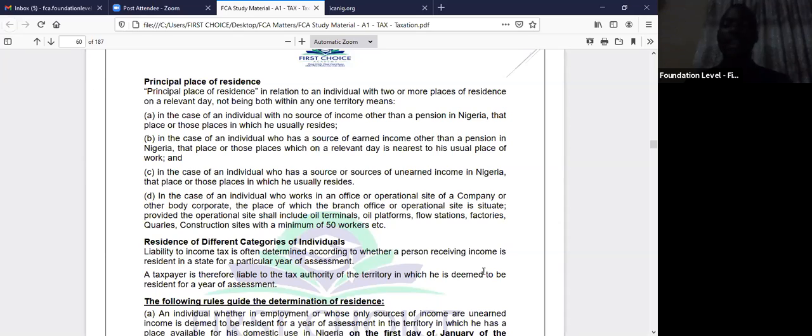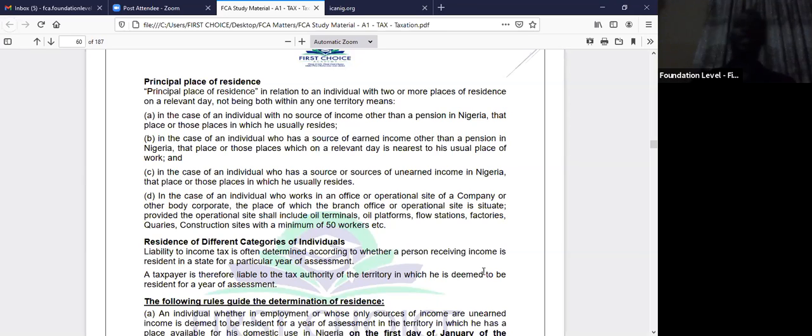And you start doing like, do you mean my Lagos address or my Abuja address or my Port Harcourt address? Which one do you need? Then the next question would be, what is your principal place of residence? So you see, if you have more than one place of residence, then there is one that should be your principal place of residence on a relevant day.